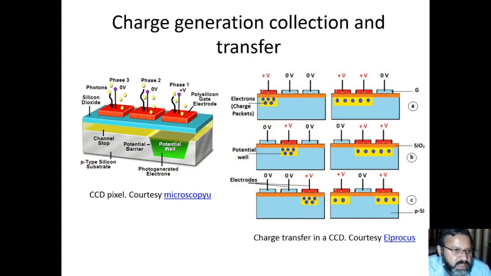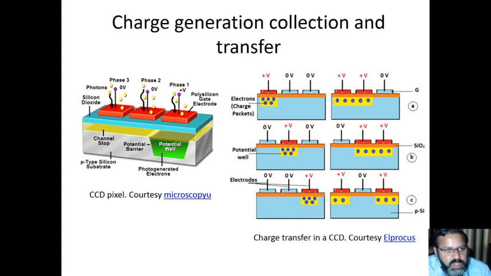And once the exposure is over, charges are collected, and they are moved serially by clocking these gates one by one. Whichever gate has the positive potential holds the electrons. So for clocking it out, the positive potential is alternated between these 3 clocks.